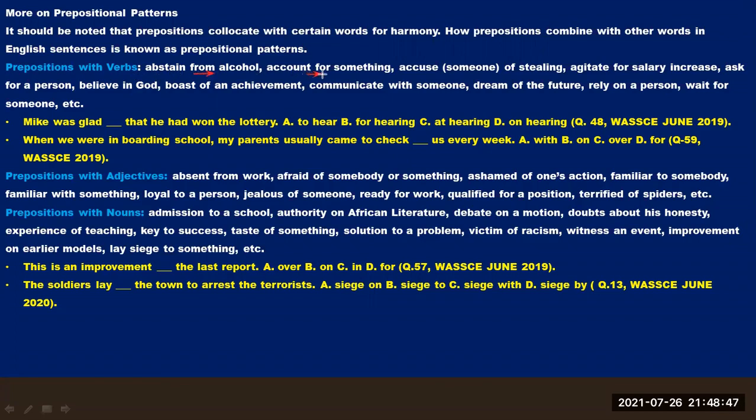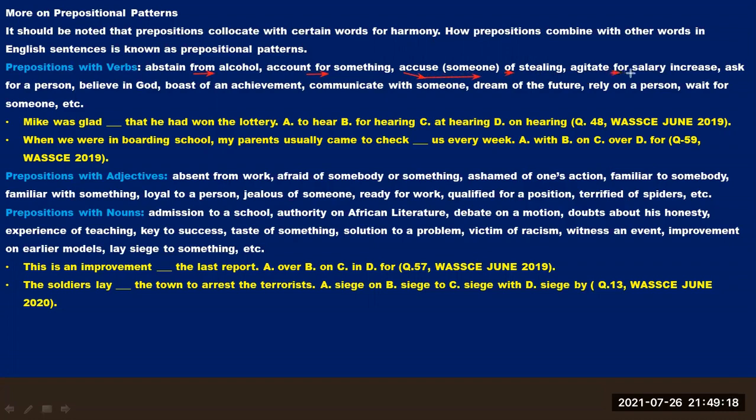Account for, you account for something. But you account to someone, all right? Just like you are responsible for something, but you are responsible to someone, all right? Then accuse, you accuse someone of, or someone is accused of.